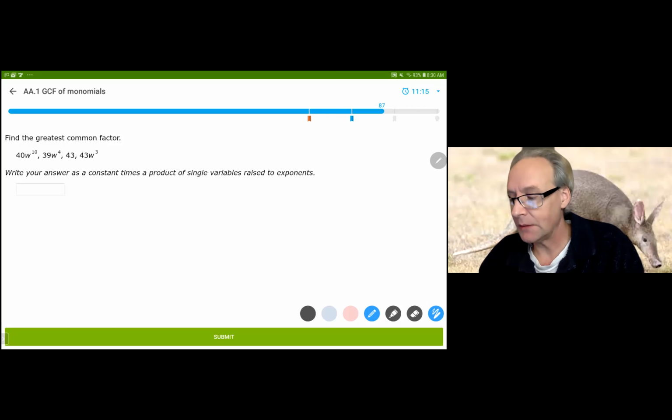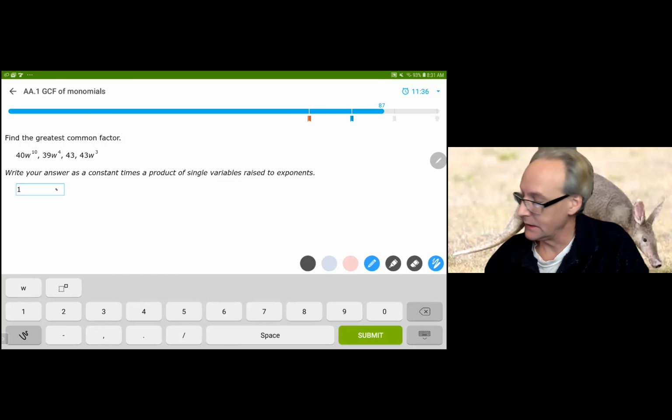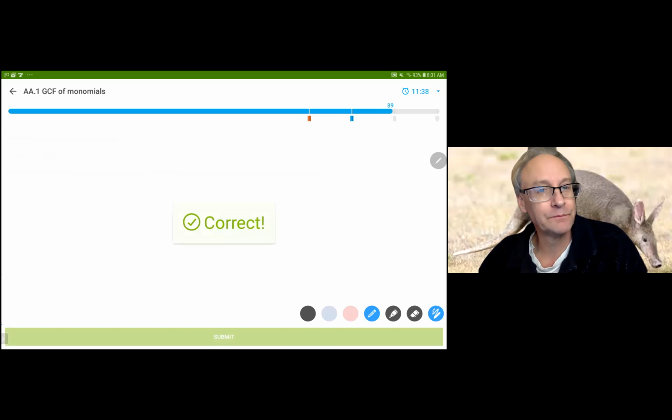They don't have any common factors in any of the coefficients. So the 1 is our leading coefficient, and the 43 has no W's. So they are relatively prime. One more time. Relatively prime means they have only a 1 as a common factor.